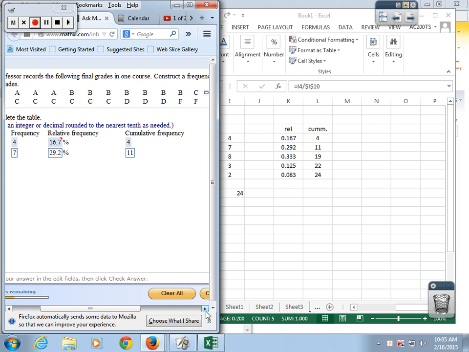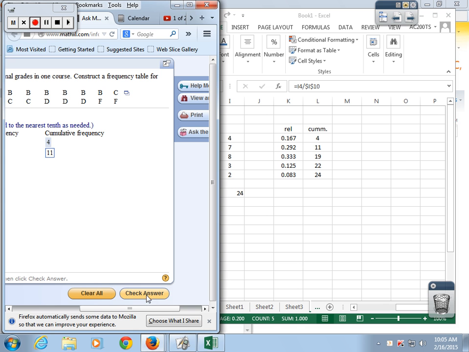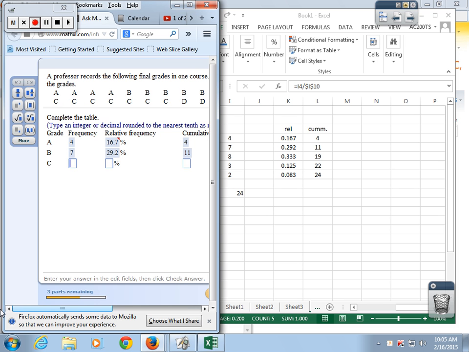I hate this book. I really do hate this book. You gotta hit check answer on everything. 8, 33.3, and 19. Check answer.